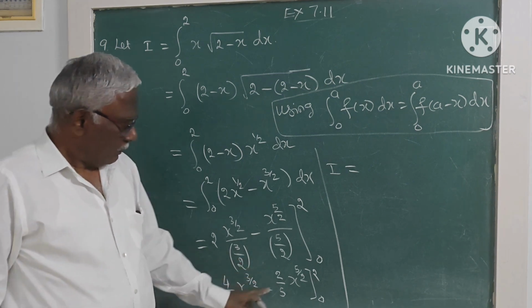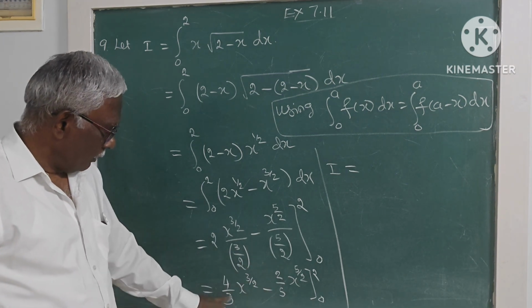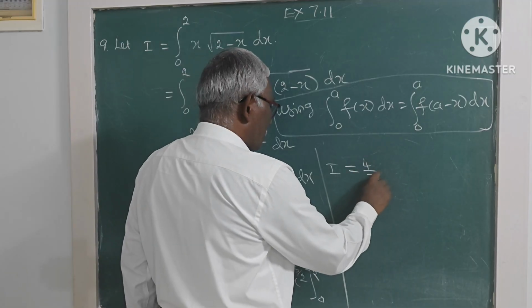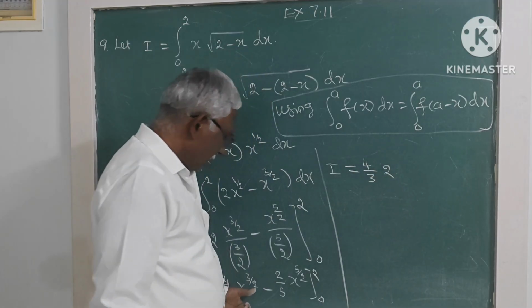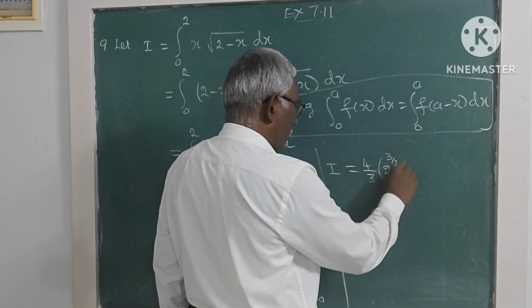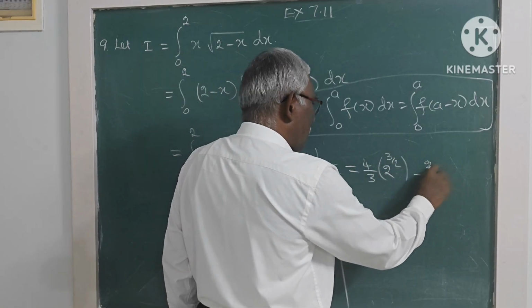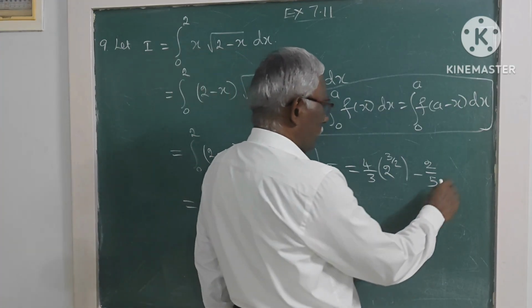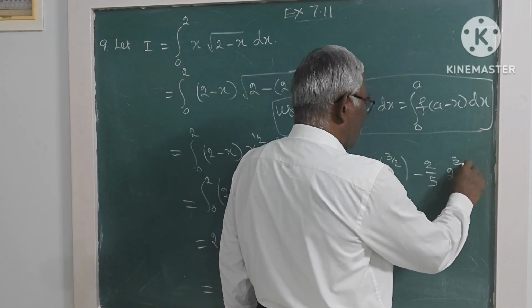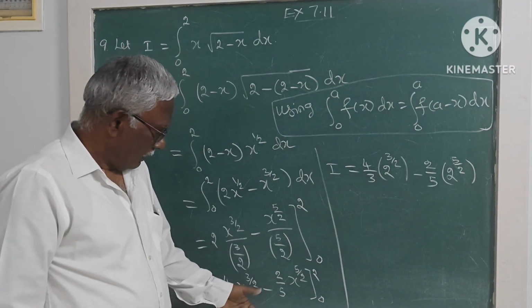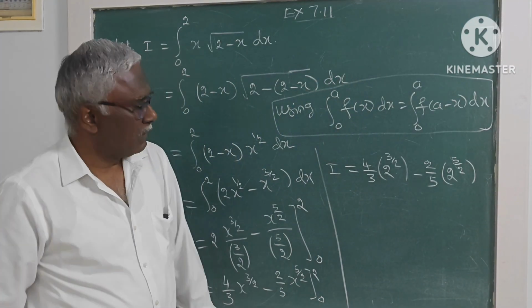Now for x I will put the upper limit 2. So 4 by 3 into 2 power 3 by 2 minus 2 by 5, 2 power 5 by 2, minus the lower limit, putting x as 0, that will become 0.